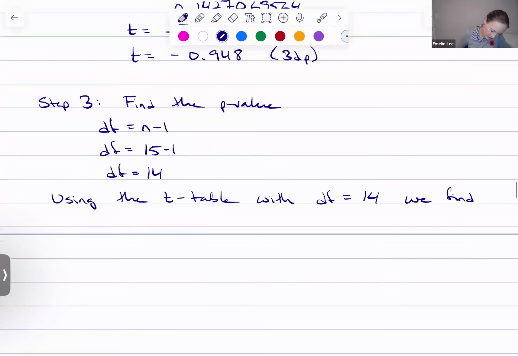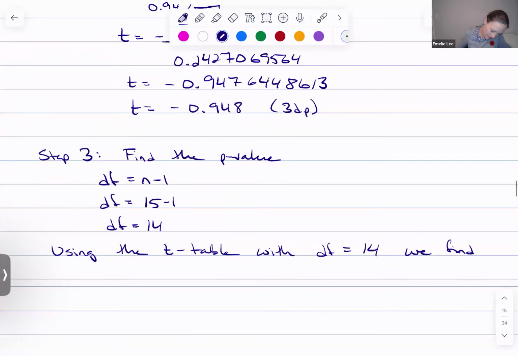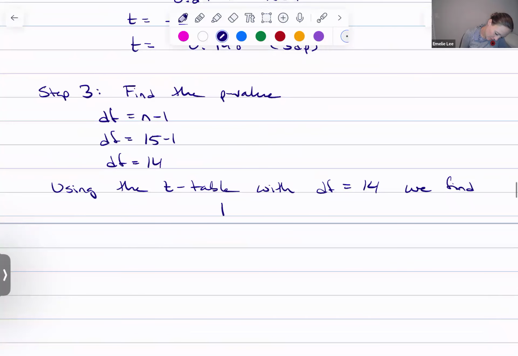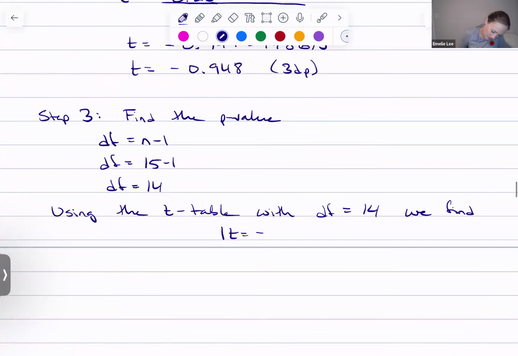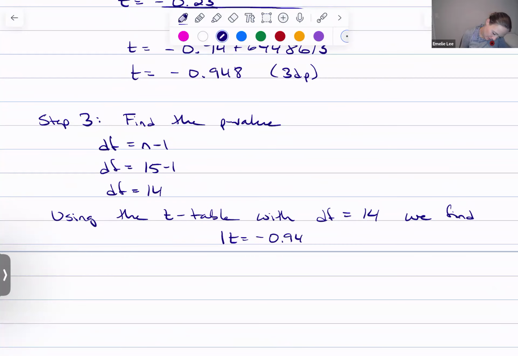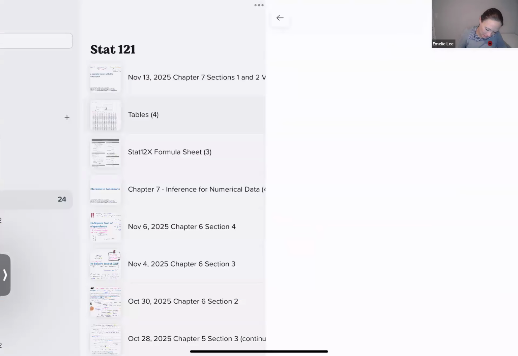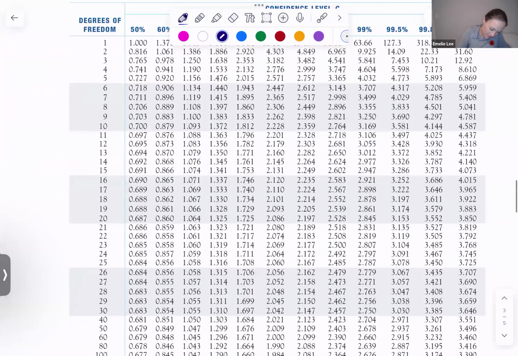We find the absolute value of t equal to negative 0.948 is between two values. Okay, what two values? Let's see. So once I have decided that I have 14 degrees of freedom, then this is where I'm stuck, right? I'm stuck on this line, and I had 0.948 that I'm going to try to place here.